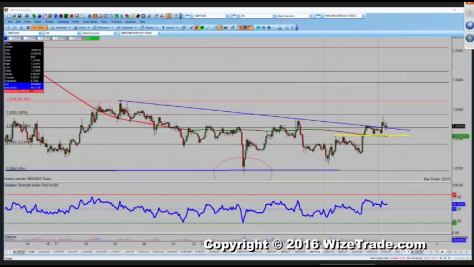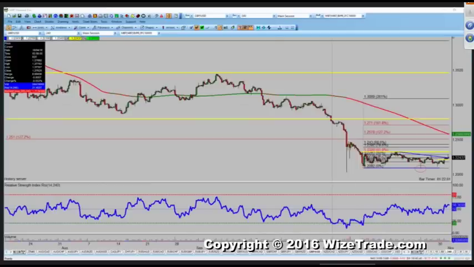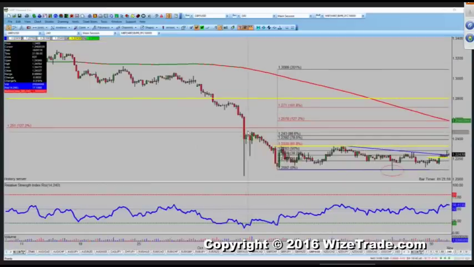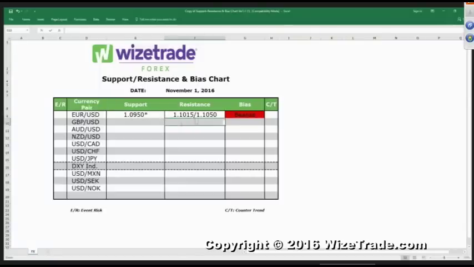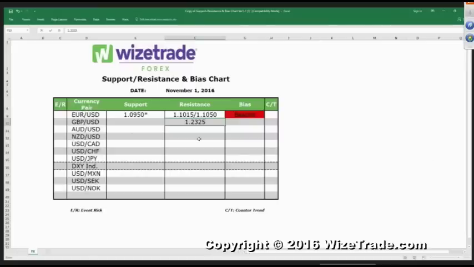Now resistance, if you guys don't remember, is right here at 123.25. It's huge. It's the 618 retracement of the post flash crash move. Flash crash, recovery low, 618 resistance, should be really good resistance on the way up. So that's 123.25. Support right now is 122.10.